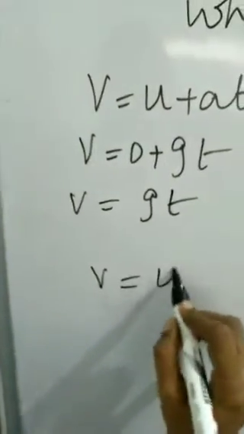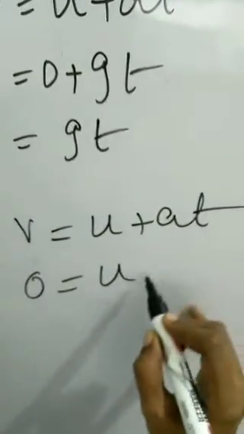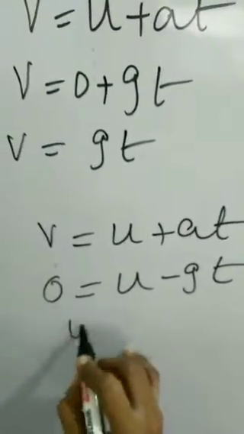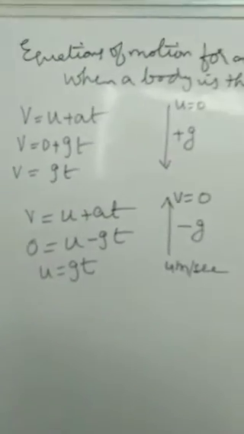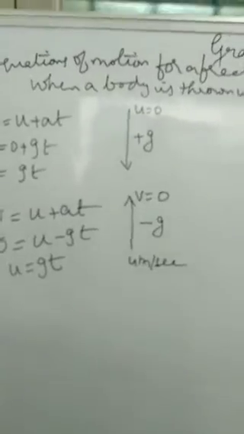In the same equation, v is equal to u plus at, you take v is equal to 0, u as it is, and a as minus g, so 0 is equal to u minus gt. Bring this gt here, so u is equal to gt. This is the first equation of motion when a body is thrown down as well as when it is thrown up.